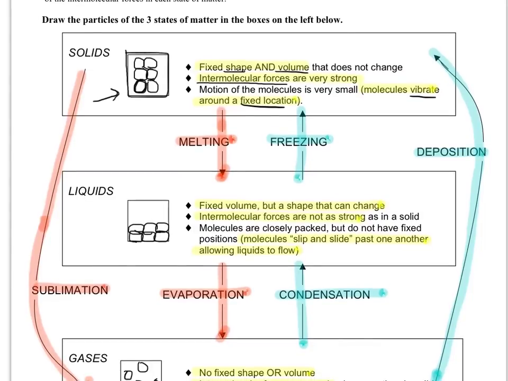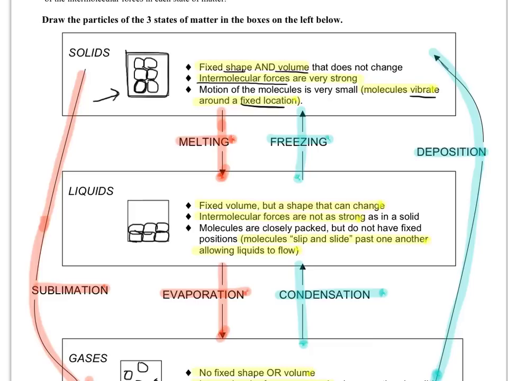Liquids have a fixed volume, so they're not going to change the amount of space they take up depending on what container you put them in. So they have that in common with the solids. But their shape can change, right? So if you pour water from a graduated cylinder that's tall and skinny into a beaker that's round and fatter, then the liquid is going to change from having the shape of the graduated cylinder to having the shape of the beaker, right?